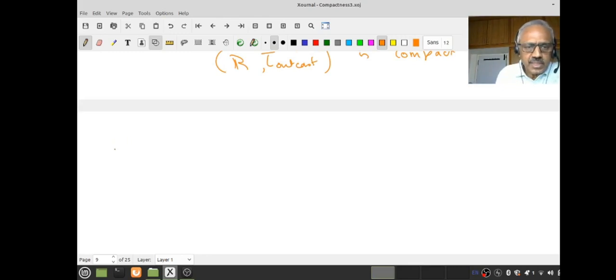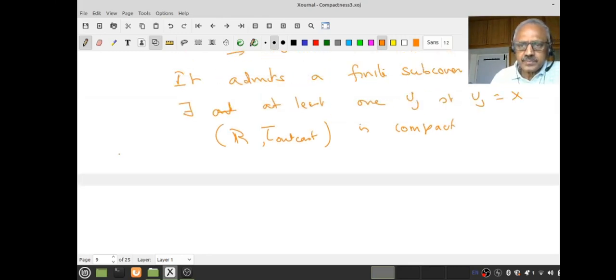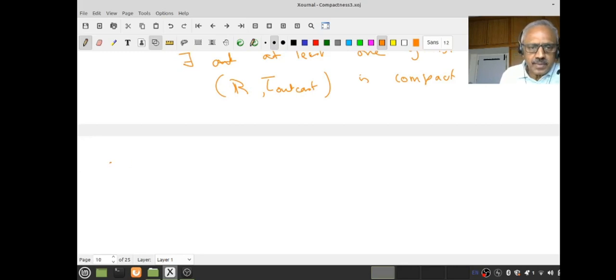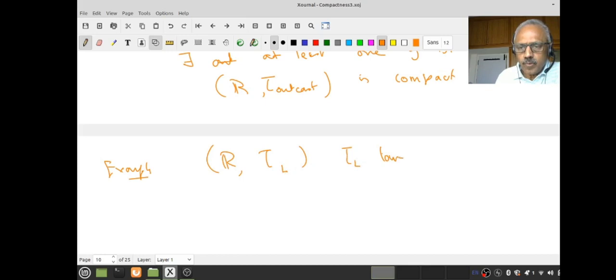Now let's look at some more examples. Now R with the lower limit topology. So when does u belong to tau L?